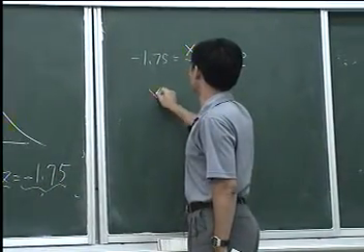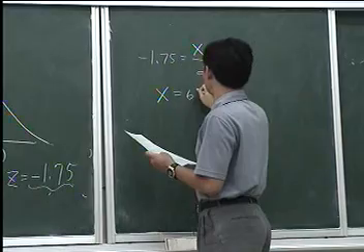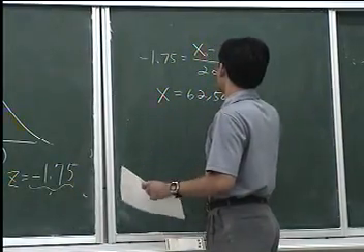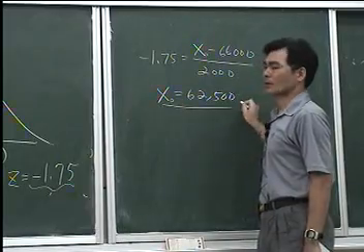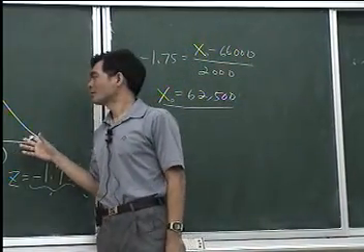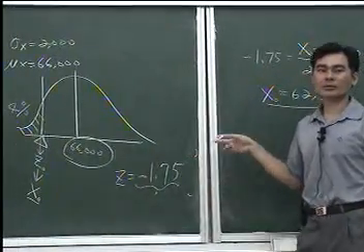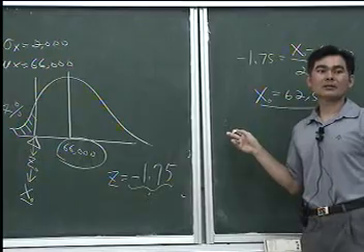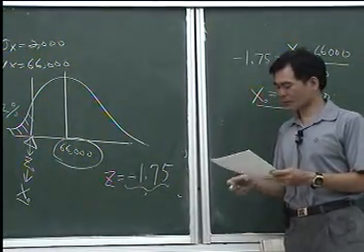So we know x should be equal to 62,500. Okay, so this is the number. So basically, if you understand what's going on in the question, then turn the words into a formula, you should be able to get it. Any questions so far? Let us get to the next question.